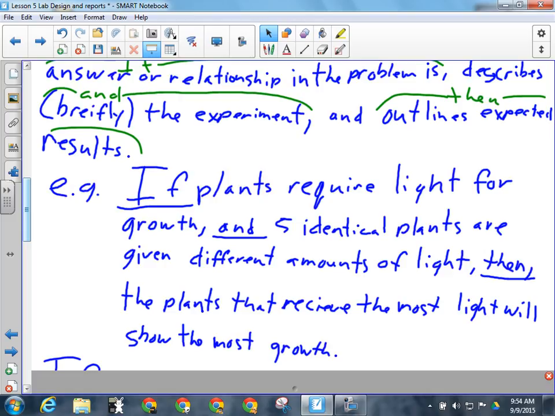When a hypothesis is really short or in the wrong format, generally the rest of the lab follows that. And then how do you have a good conclusion if your hypothesis was bad to begin with? It's really difficult to say, well, my hypothesis is acceptable because I didn't say anything in it, and therefore I couldn't be wrong. Well, then what was the point of doing the experiment?